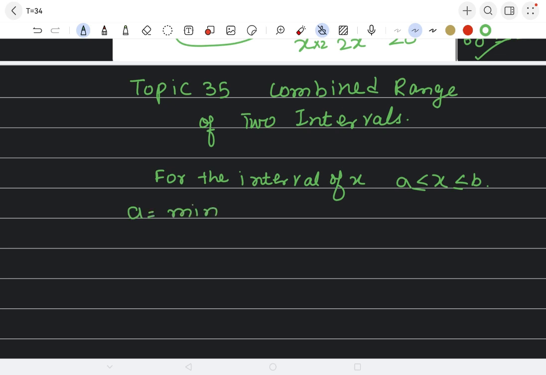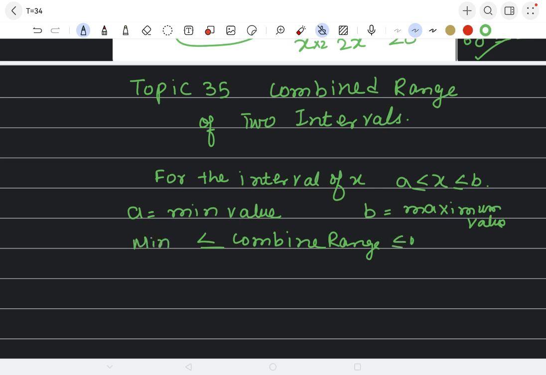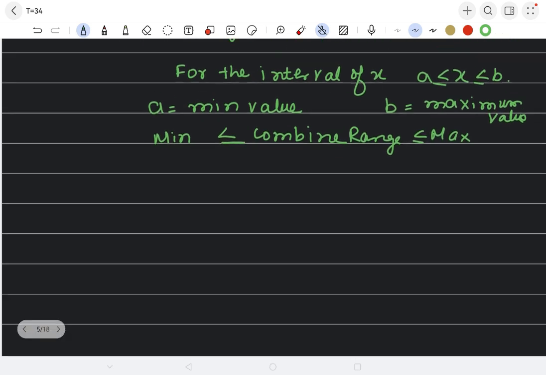A is my minimum value and b is my maximum value. So my combined range will be between minimum and maximum.